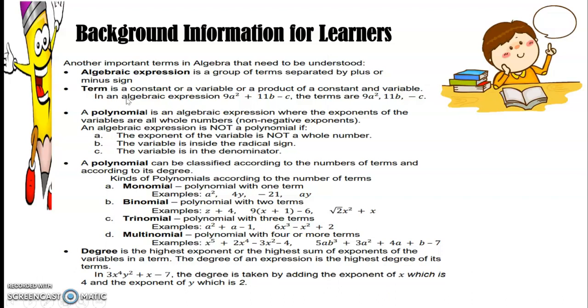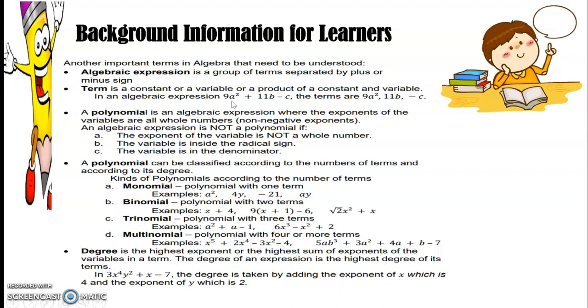So, term is a constant or a variable or a product of a constant and variable. So, take note, ang term pwede siya constant, pwede siya variable, or pwede siya tingob or product sang constant kag variable. So, in algebraic expression, let's say we have this example, 9a squared plus 11b minus c.